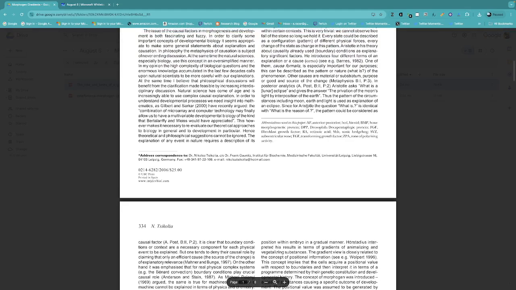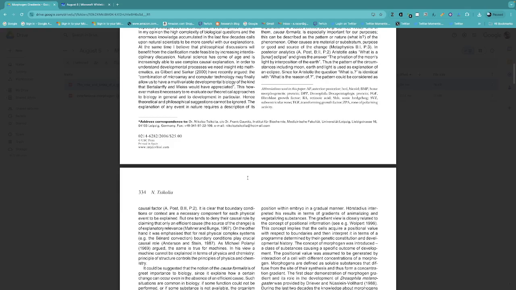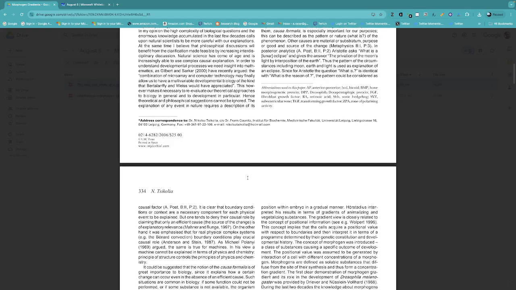So it distinguishes between the what is and the what is the reason of. So if you look at a pattern and you say, what is a pattern? And you can identify that. And then you have to think about what is the reason of a pattern. So, is it the pattern that's the causal factor? Or is there some mechanism that's the causal factor that leads to the pattern?